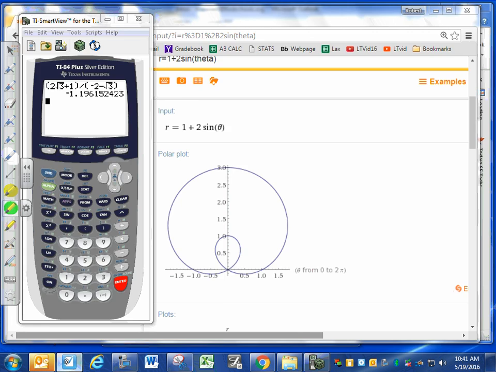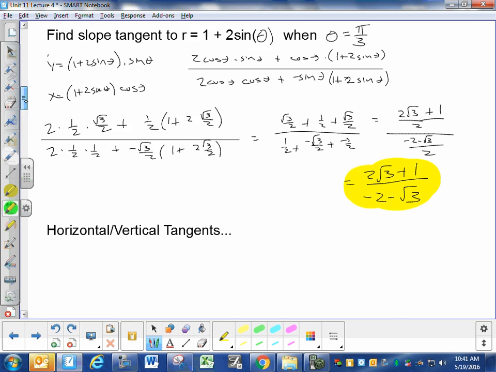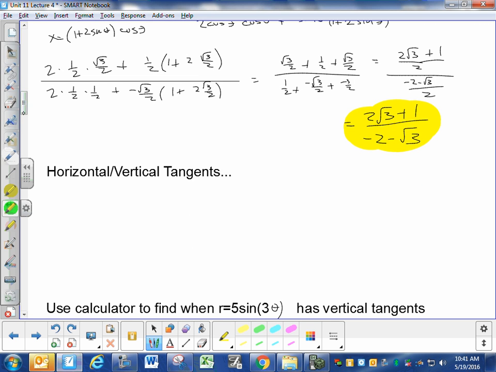Okay. Horizontal and vertical tangents. Remember, horizontal tangents is when what happens? Numerator is equal to 0. Yeah, when your tangent's horizontal, that's when you have a horizontal tangent.